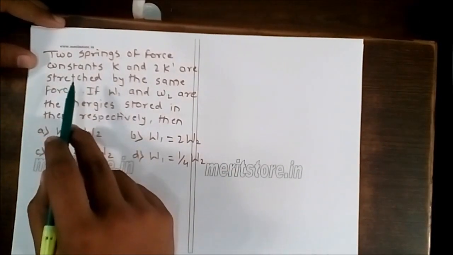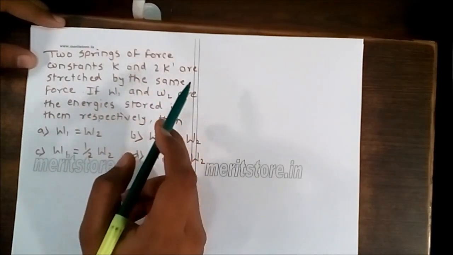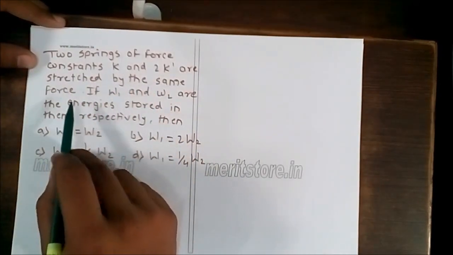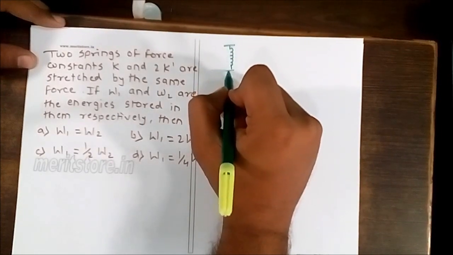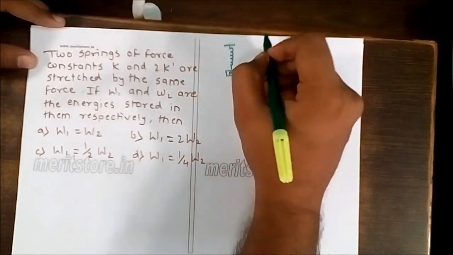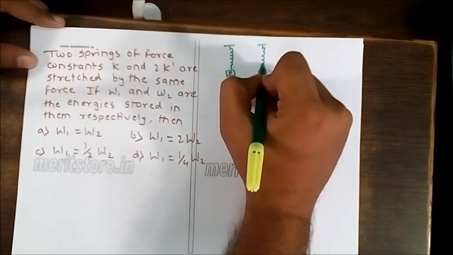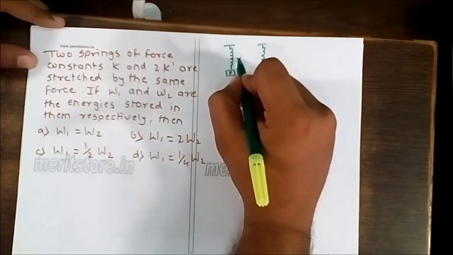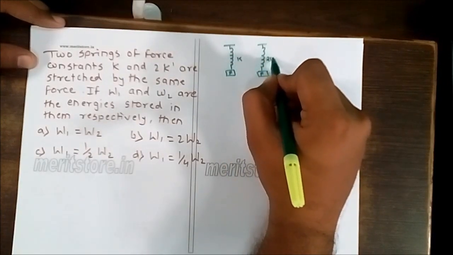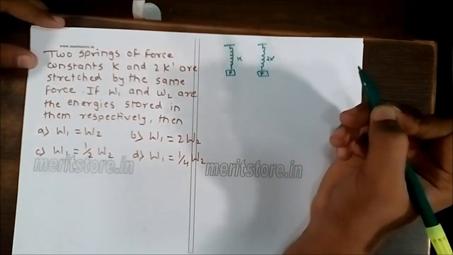Two springs of force constants K and 2K dash are stretched by the same force. Alright. So here the force constant is K, but here it is 2K dash.